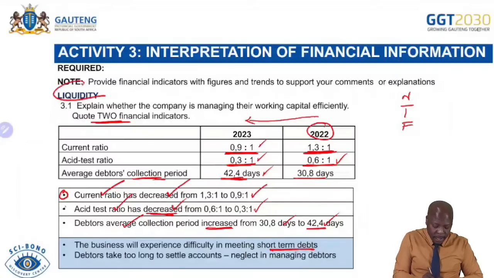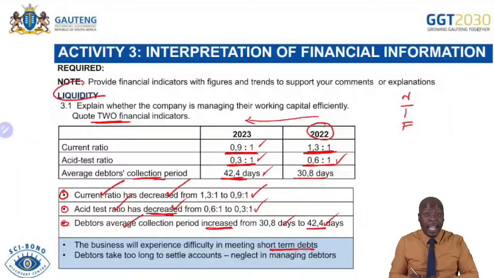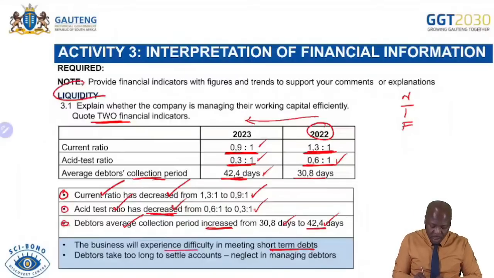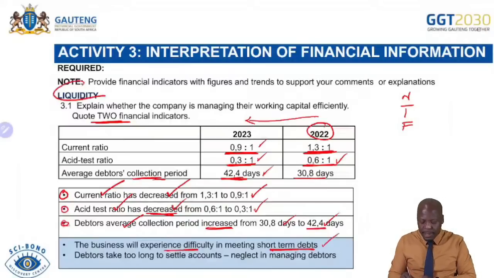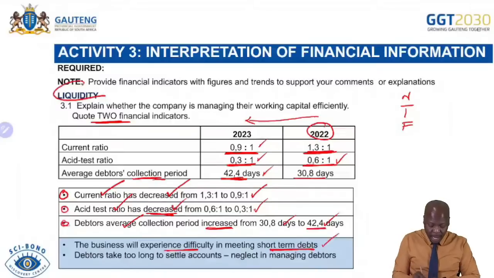So when we look at these financial indicators, we can see that the business will have difficulty in meeting its short-term debts. They will not be able to pay their short-term debts because, number one, the current ratio has decreased. Number two, the acid test ratio has decreased, and the average debtors collection period has increased.